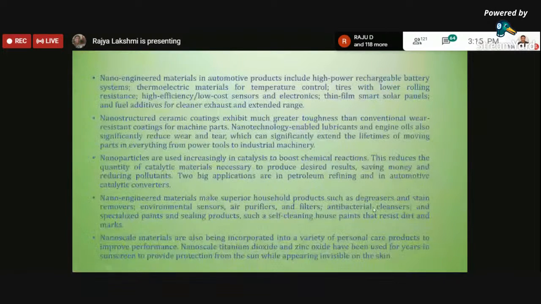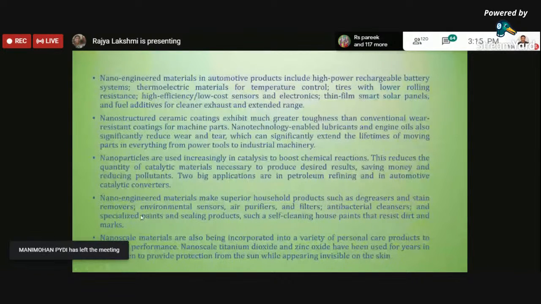And even nano-engineered materials are used in superior household products such as degreasers, stain removers, environmental sensors, air purifiers, filters, antibacterial cleansers. Each and everything nowadays is being fabricated with nano-scaled particles, which are easy to mix, easy to remove, and easy to absorb.